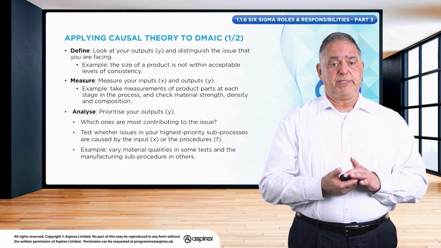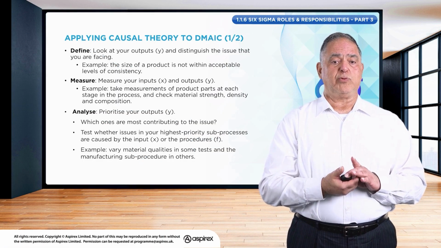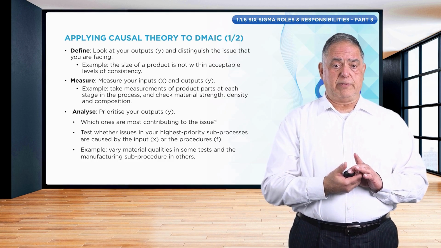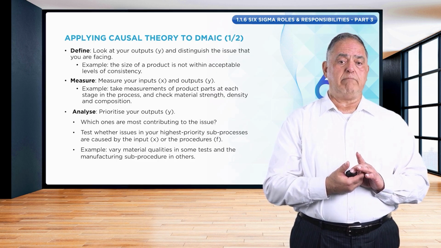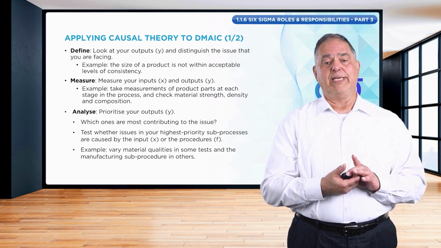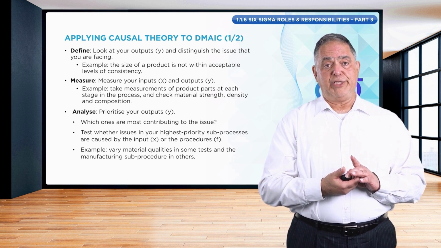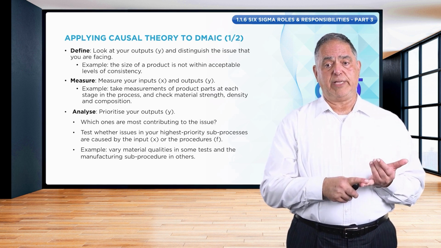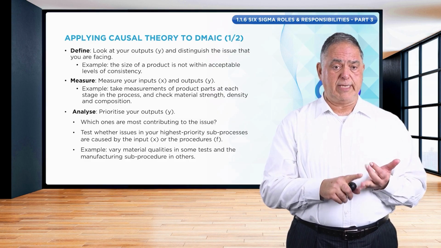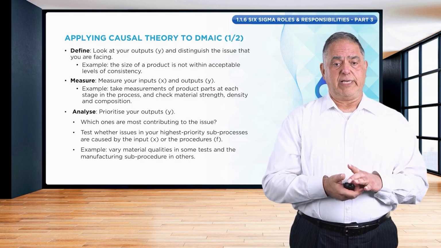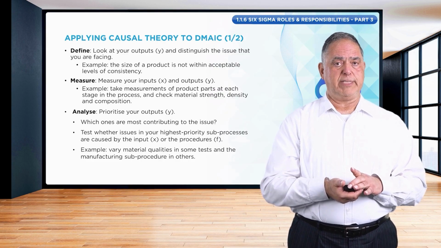In the measure phase, we measure the inputs and we measure the outputs. For example, we take measurements of product parts at each stage of the production process, and we check material strength, material density, and composition. In the analyze phase, we have to prioritize the outputs.